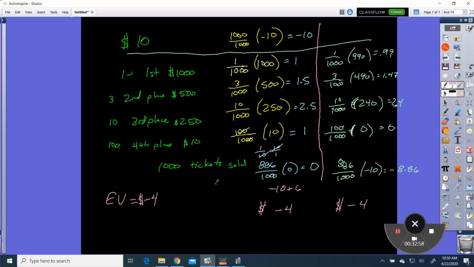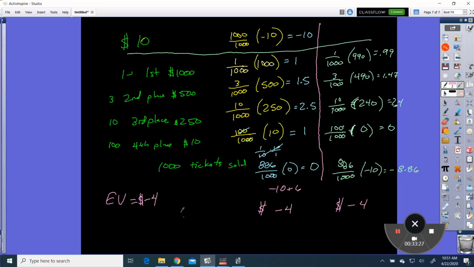Okay? So, if everybody in the group is like, okay, we're all going to buy these tickets, if we're able to buy all 1,000 tickets, we're going to divvy up the winnings back to everybody, everybody would lose $4 by the time they go home. So out of their $10, they'd keep 6 and give 4 to whoever was running the raffle.